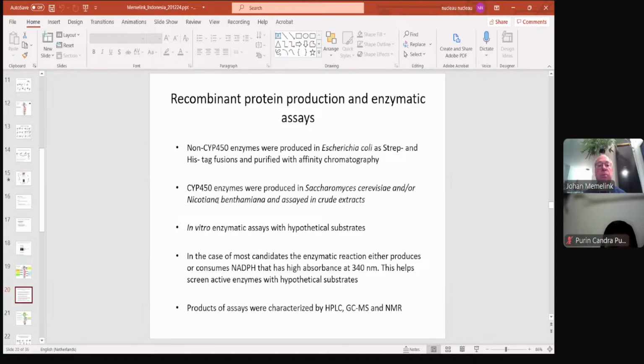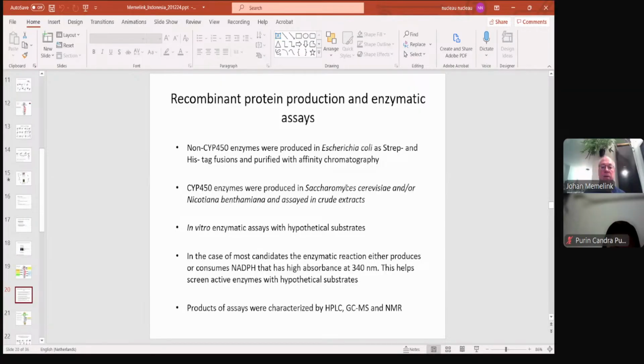So it's not possible to use the E. coli system. And there 2 different systems were used. So they were either produced in yeast or in an expression system in Nicotiana benthamiana, so in plants. And they were not purified, but assayed in crude extracts.